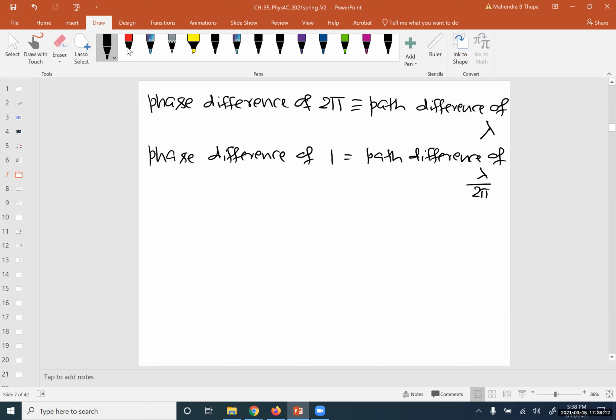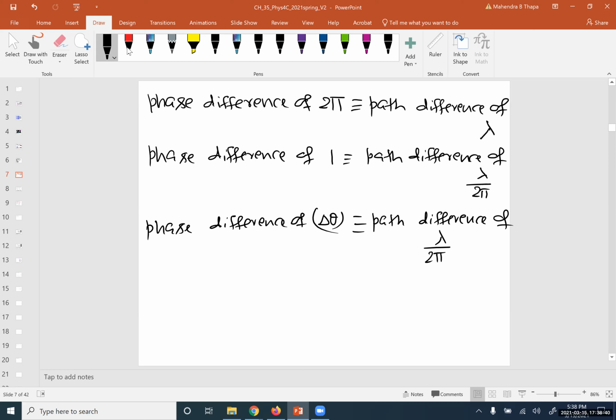And in terms of angle, a phase difference of, say, angle delta theta is equivalent to a path difference of lambda over 2 pi times delta theta.